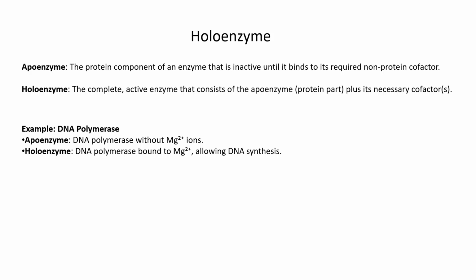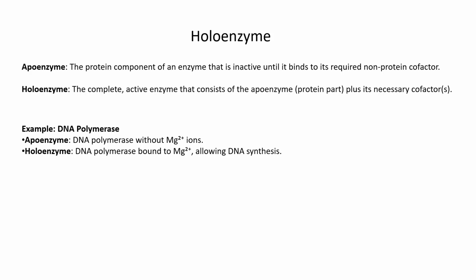What it means here is the difference between an apoenzyme and a holoenzyme. So an apoenzyme is a protein component of an enzyme which is inactive until it binds to some sort of cofactor, and that cofactor is typically not a protein. And a holoenzyme is this complete active enzyme that consists of an apoenzyme, which is the protein part, which was inactive, and then once it's bound, its necessary cofactor. So this whole holoenzyme is now active and catalytically active.